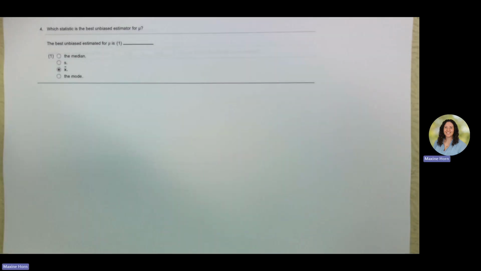Okay, number 4, which statistic is the best unbiased estimator for your population mean? So again, remember your symbols here.